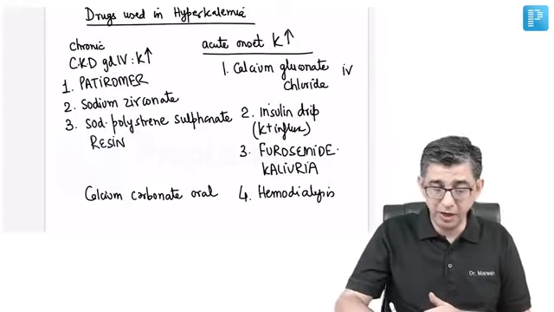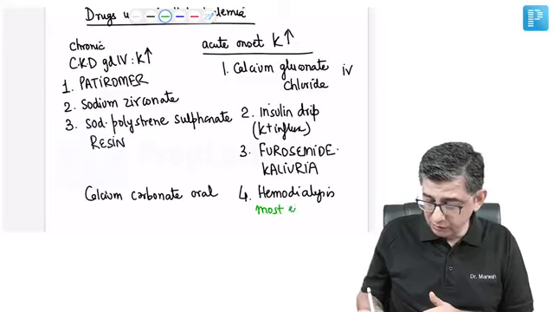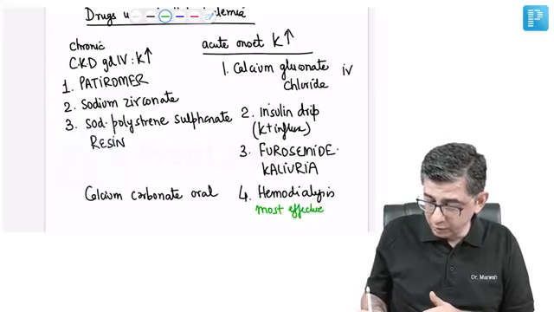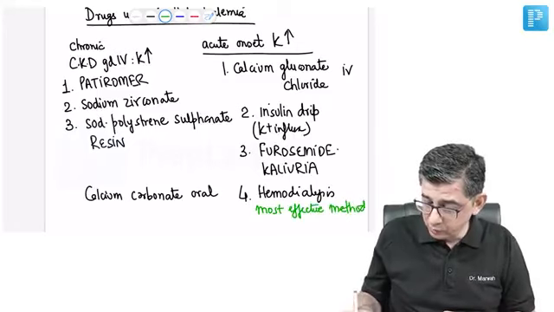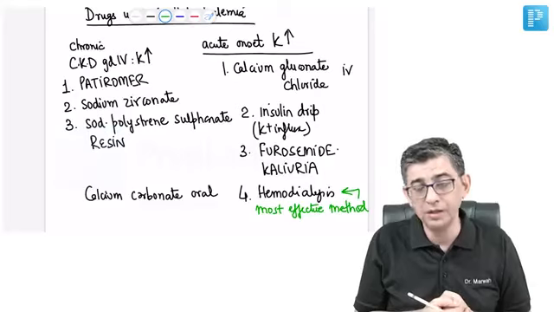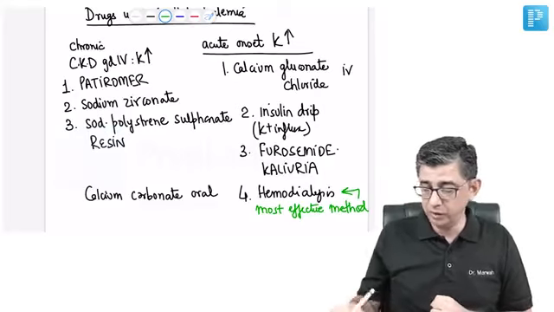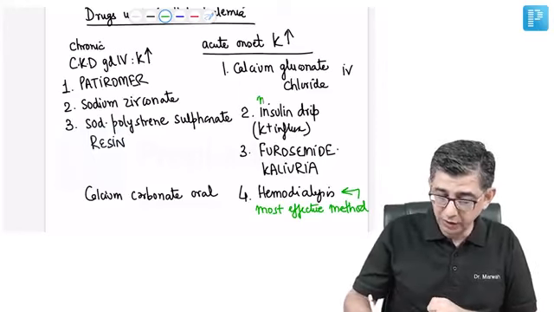So if the question's language is like this, that if he says, which of the following is the most effective method, now look at the terminology, pay attention to the words here. If he says, which of the following is the most effective method to control hyperkalemia, the answer would be hemodialysis. But if the question is not using the words most effective method, but is rather using the words most effective drug, then the answer will vary.